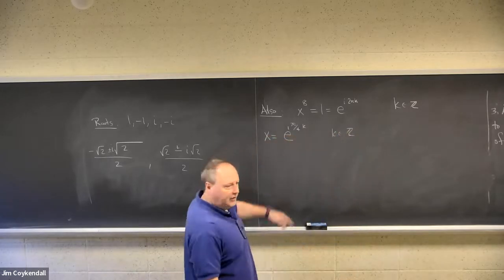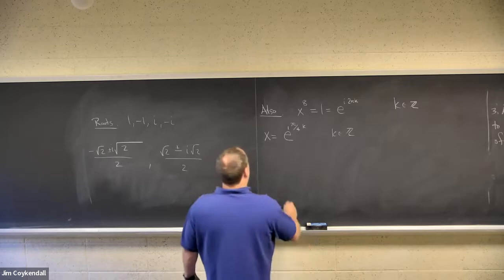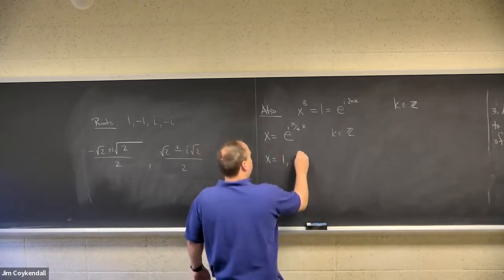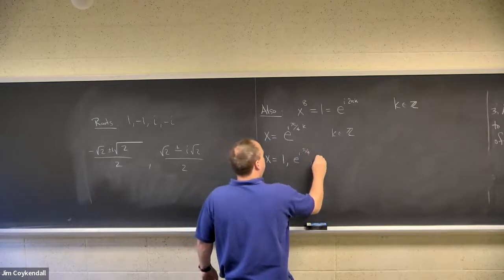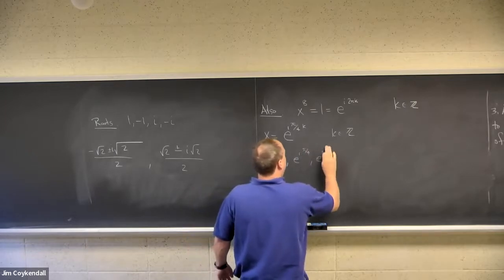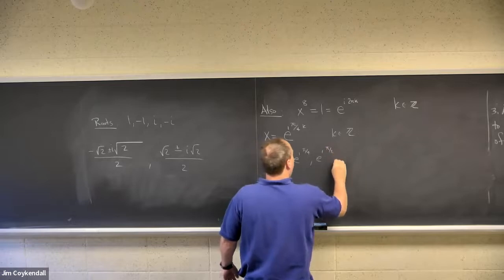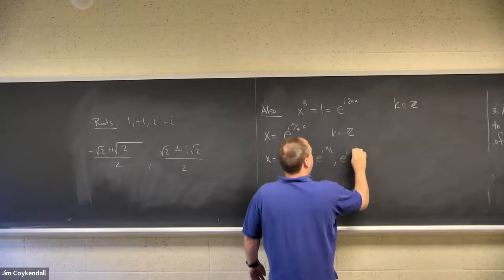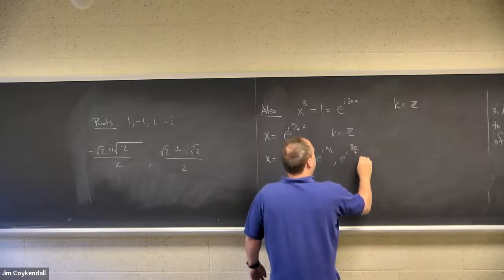So I should get 8 of these things before it cycles back, right? Zero.